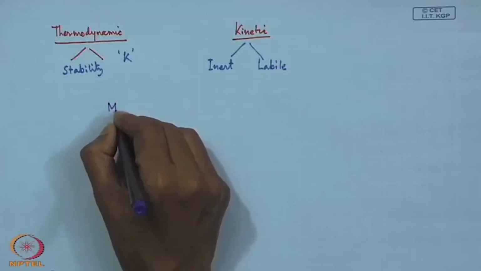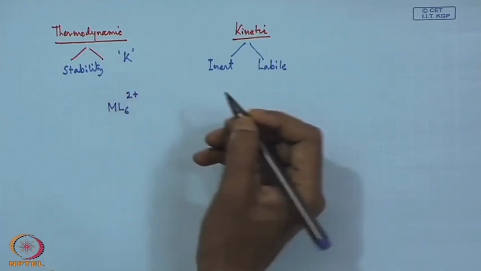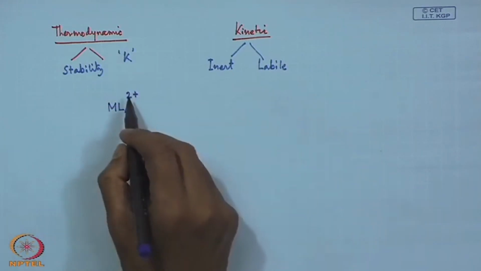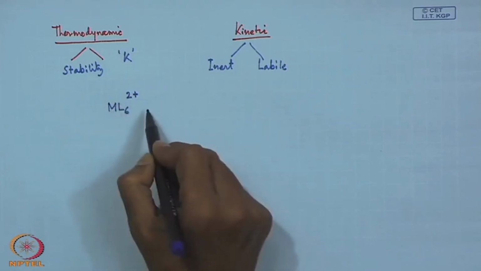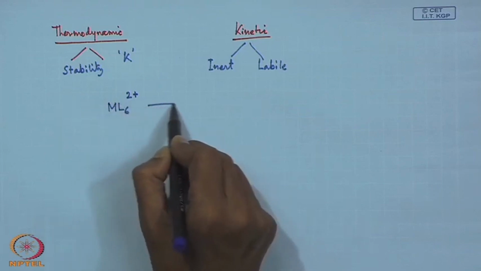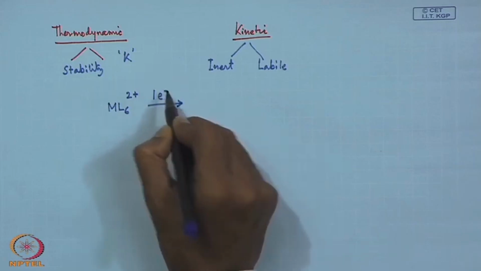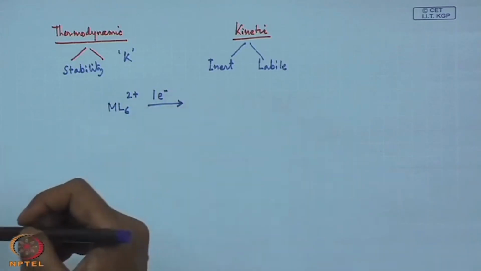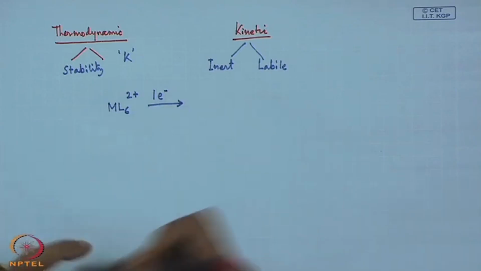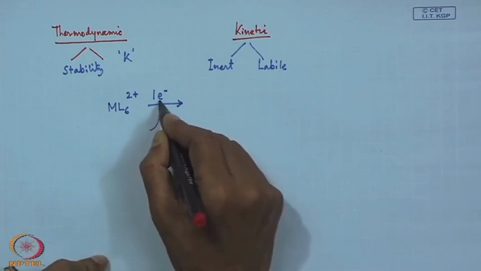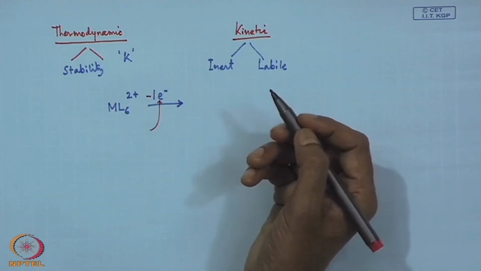So, if we have ML6 which is 2 plus, apart from ligand substitution, dissociation or addition reactions, it can also go for one electron loss, and then some other species should be available which can take up this electron.